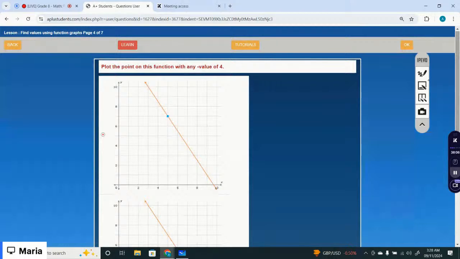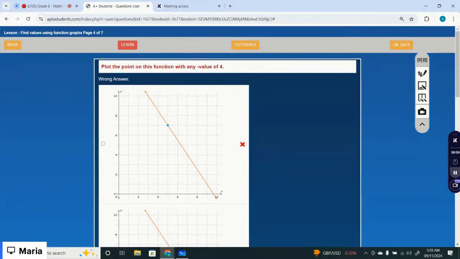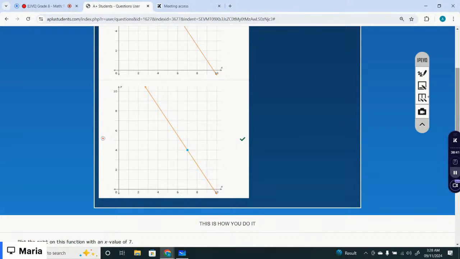So let's just select option number 1. Where is x equals 4 on this graph? X equals 7, it is not 4.